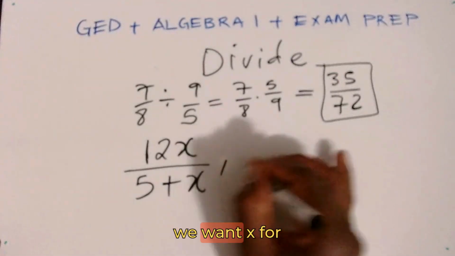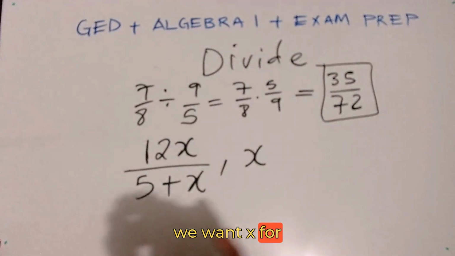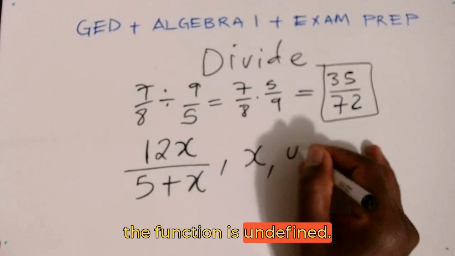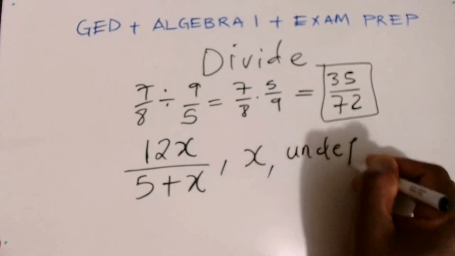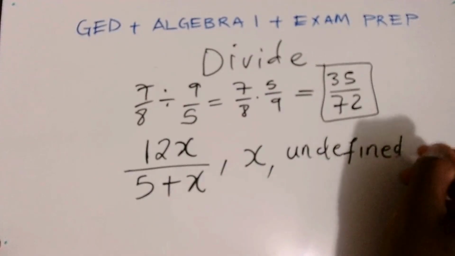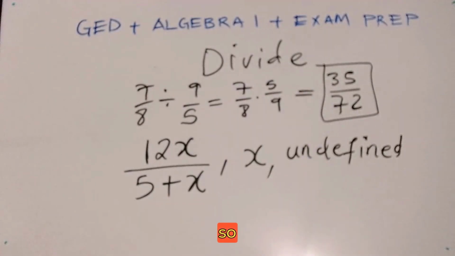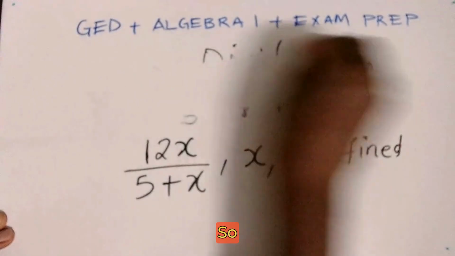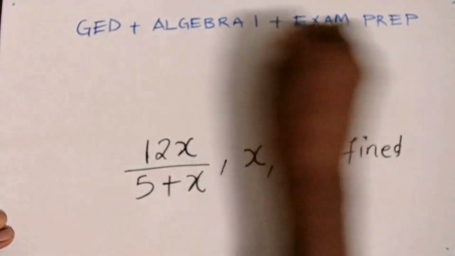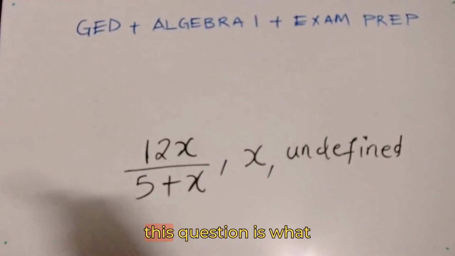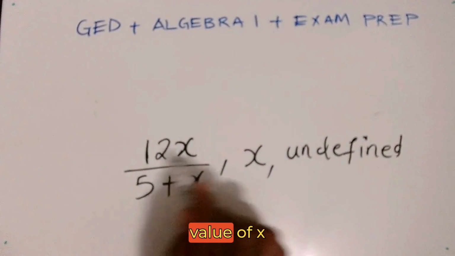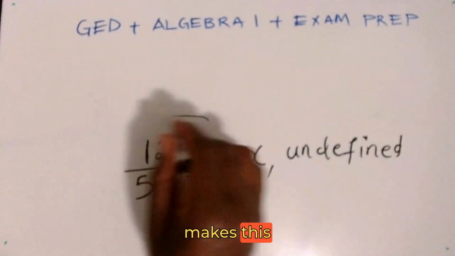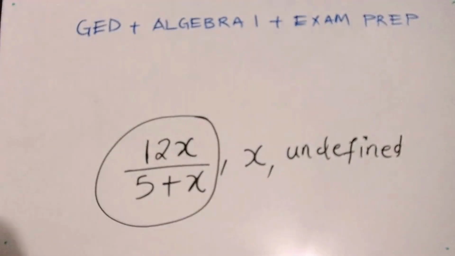So the question is, we want x for which the function is undefined. So let us forget about the first one. So this question is, what value of x makes this expression undefined?